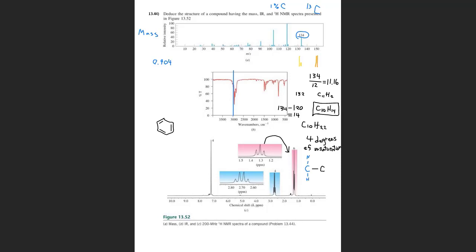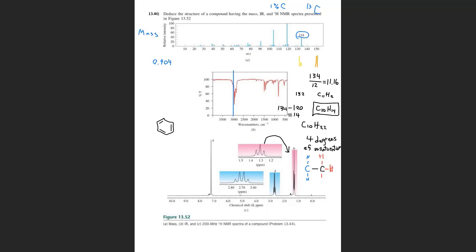Now, if that's the case, how many hydrogens do I probably have in that red or pink signal? How many hydrogens are actually on a carbon making up that signal? If it's not 6, it's probably what? 3. Yep, probably 3.